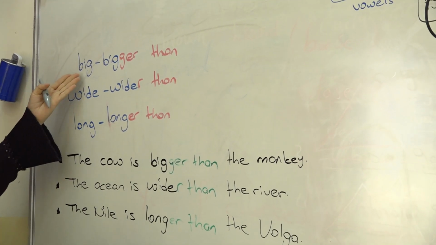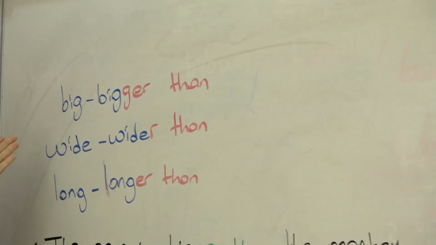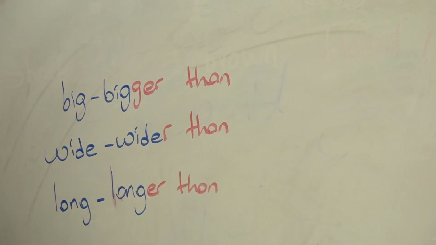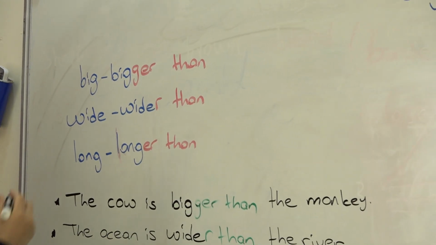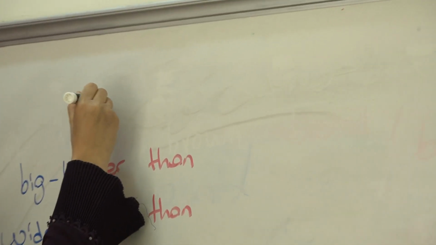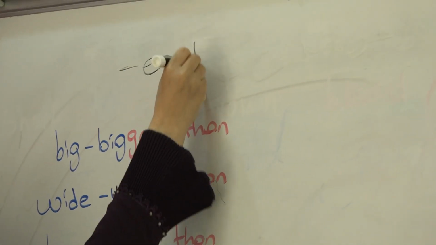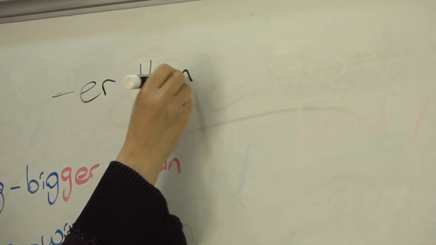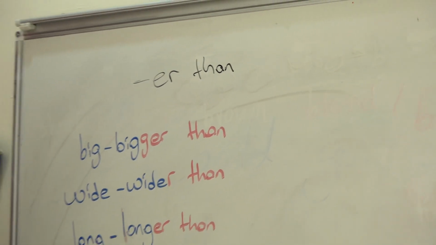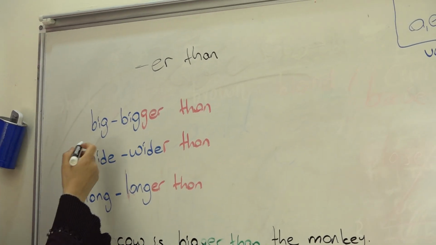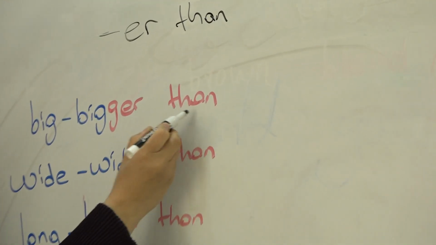For example, I have an adjective big. If I want to compare two things, I use the ER than formula. When you look at the adjective big, you see big, bigger than.